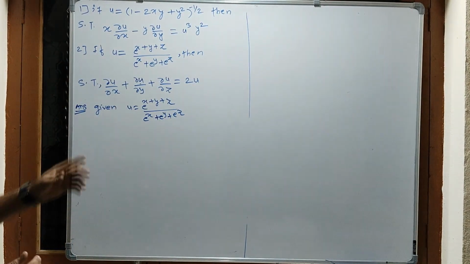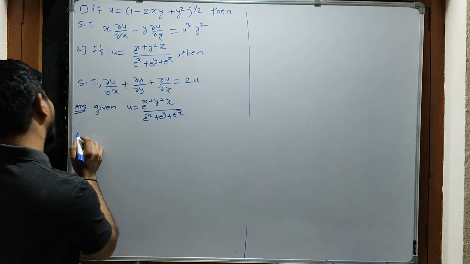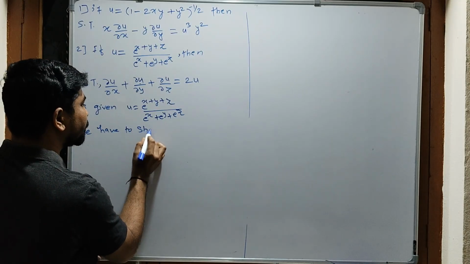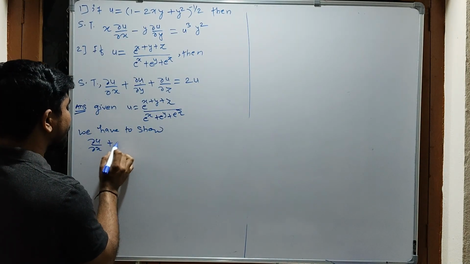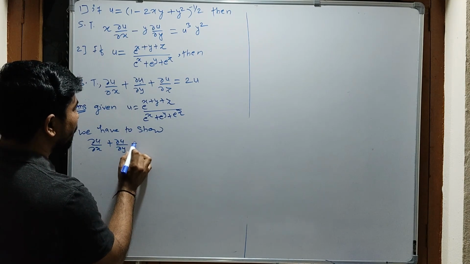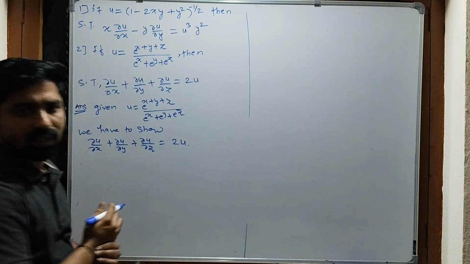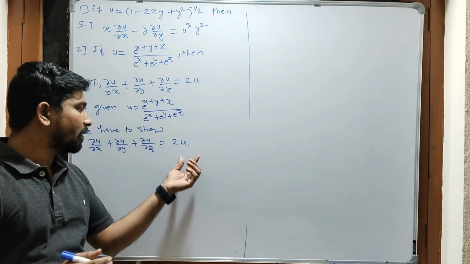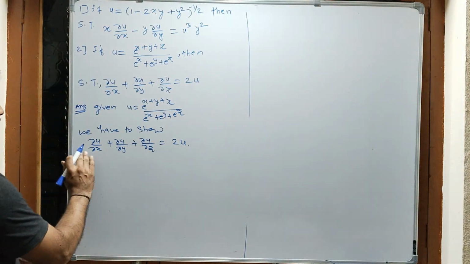So this is the given information, and we have to show dou u by dou x plus dou u by dou y plus dou u by dou z equal to 2 times u. That's our aim. So here I will take left hand side and I will show left hand side equal to right hand side. So here my left hand side is this.